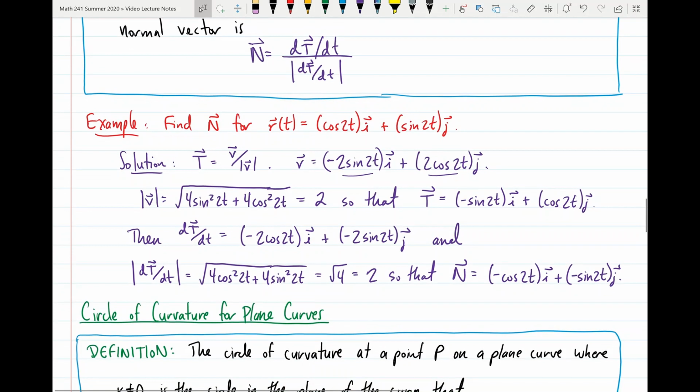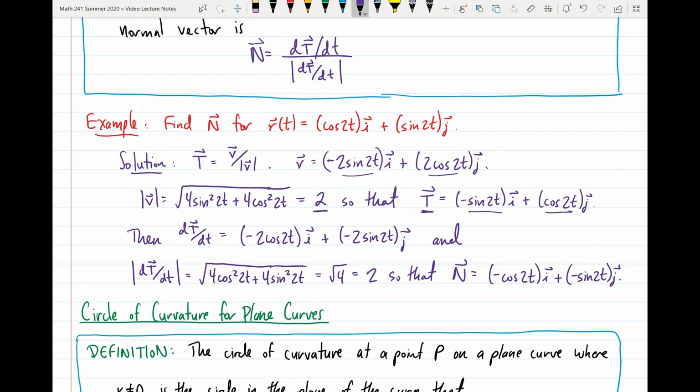And the magnitude of the velocity vector is going to be the square root of each of the components of the velocity vector squared. Ultimately, we find that the magnitude is equal to 2 for all t, so that the unit tangent vector is going to be equal to minus sine of 2t i plus cosine 2t j.